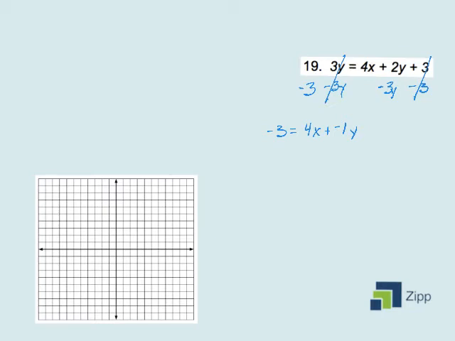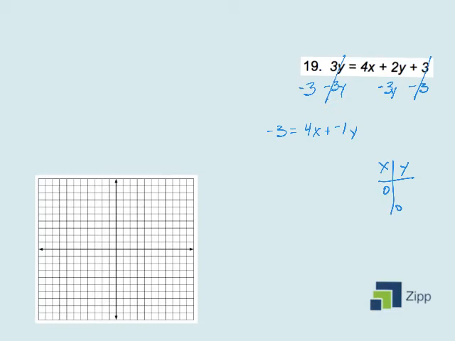Okay, so now I'll set up my t-table with my intercepts. And 0 and 0. So I'll 0 out the x. It'll be 4 times nothing. That'll go away, won't it? And I'll have the opposite of something is -3.